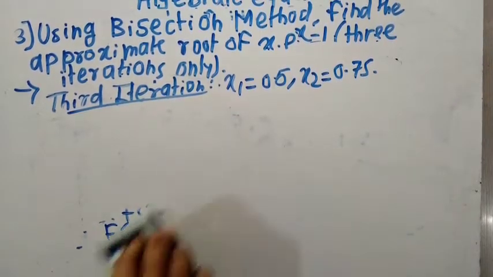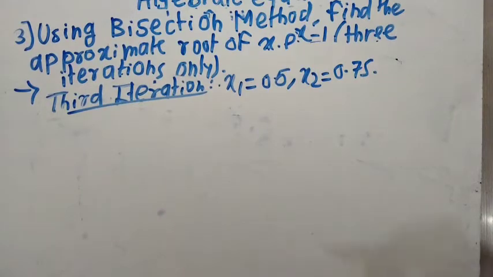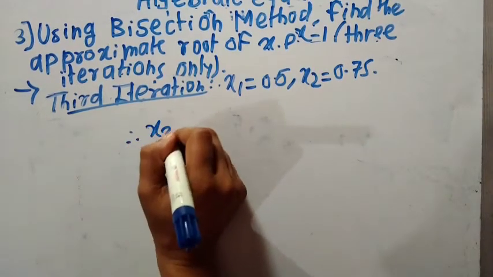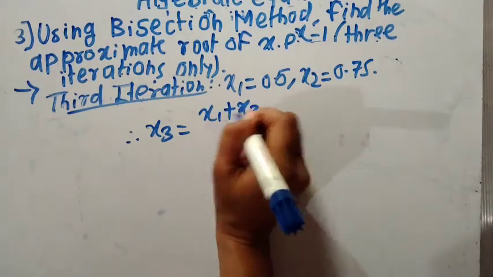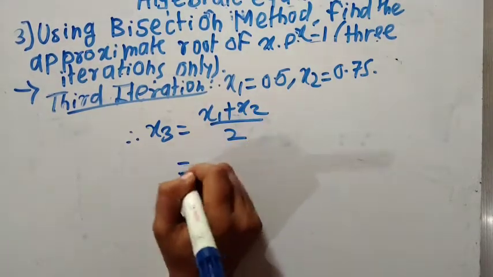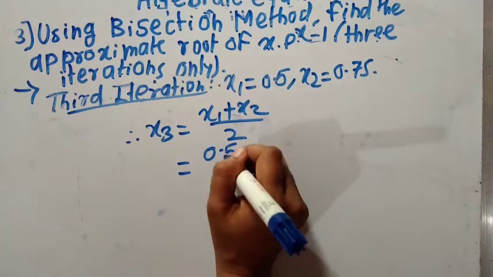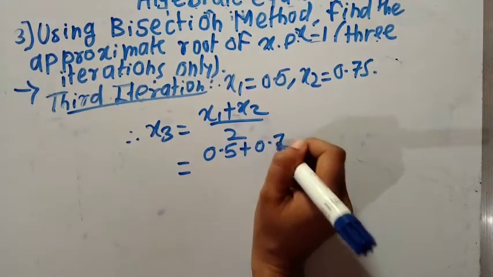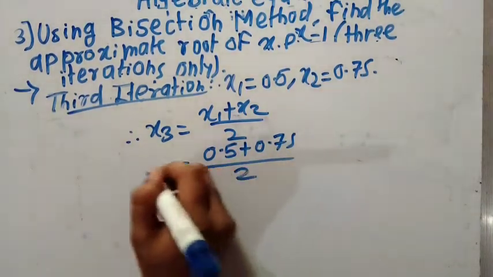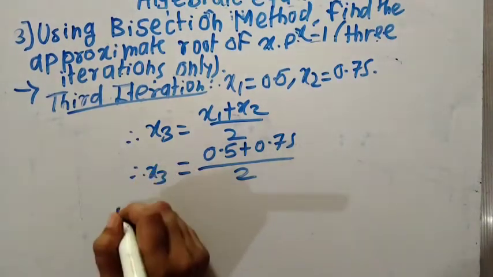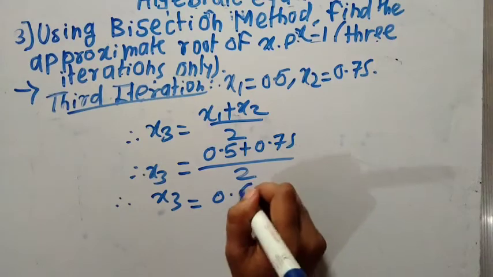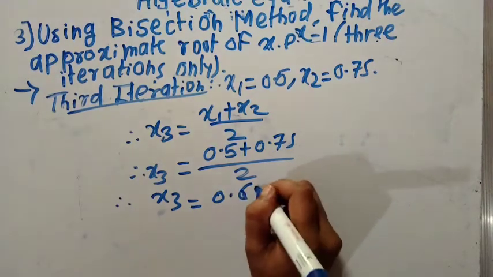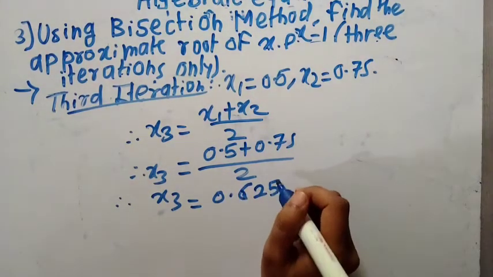Then find out x3, and x3 is equal to x1 plus x2 divided by 2, means 0.5 plus 0.75 divided by 2, and x3 is equal to 0.625.